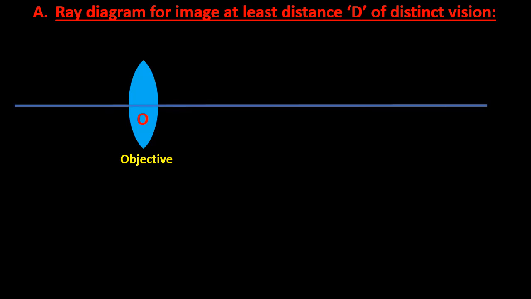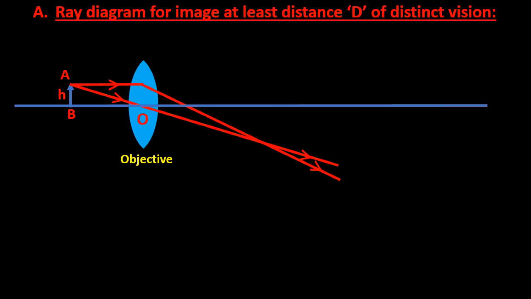Now let us draw the ray diagram for image formation at the least distance of distinct vision for a compound microscope. For that, we have to consider two lenses. First, let us consider the objective lens. We draw a principal axis and place an object near the objective lens. In order to draw the image, we take at least two rays, one passing through the optical center and another parallel to the principal axis.